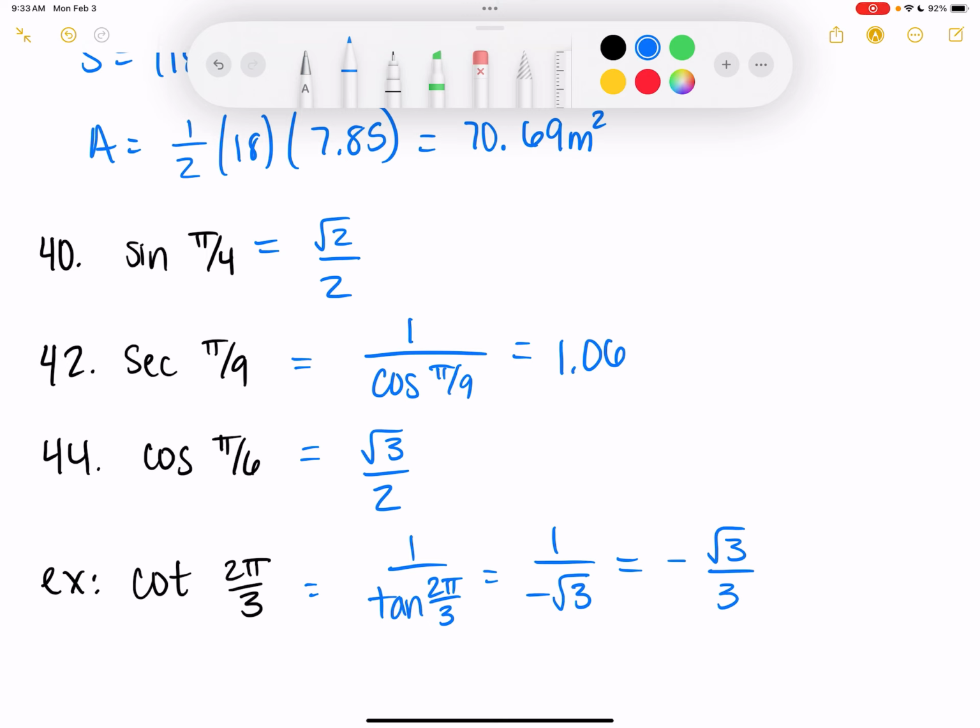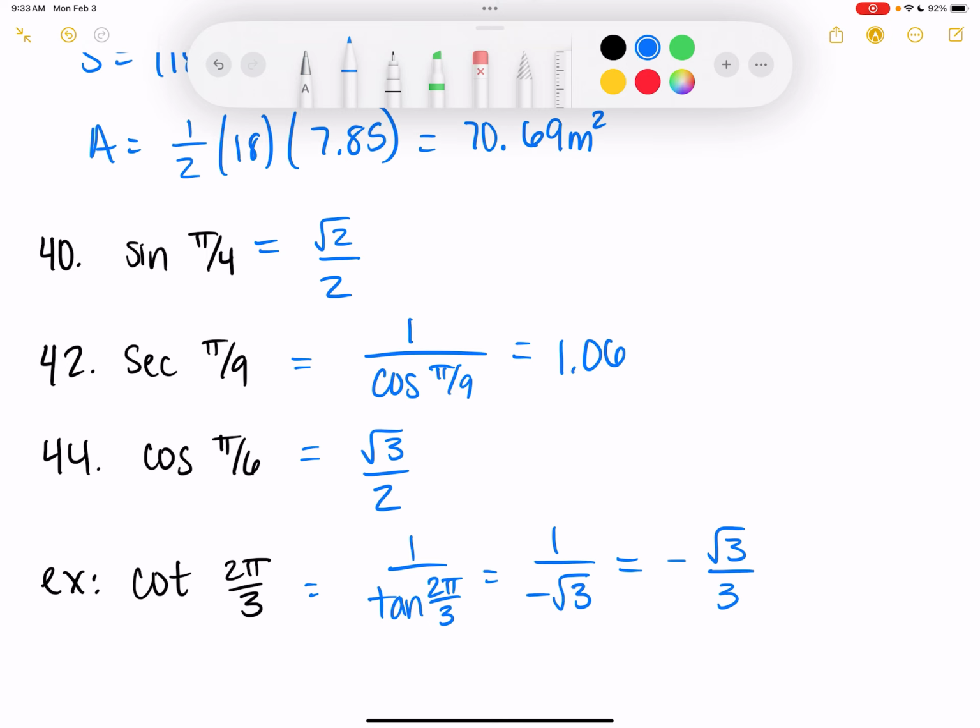Obviously you can do the math, but you can also just know that they're going to be flipped. So, at the increments of pi over 3, cotangents are root 3 over 3. Again, positive or negative, depending on where they are. And at pi over 6, the cotangents are root 3. So if you want to memorize it that way, that's fine, or you can do the math every time. I'm going to be honest, I end up doing the math a lot because I just don't think about, oh, let me just flip them.